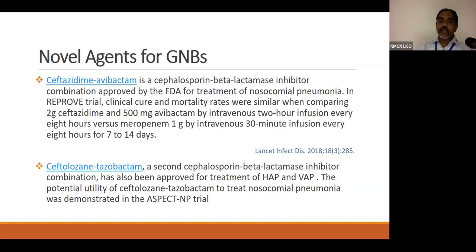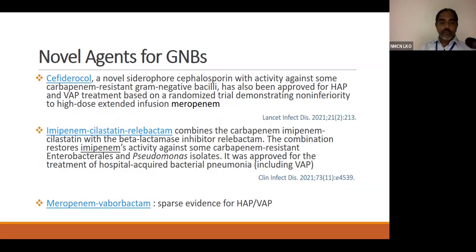And the clinical cure and the mortality rates were similar when comparing it with ceftazidime and meropenem. So the results were no different from the previous with meropenem. Other newer drugs like ceftolozane and tazobactam combinations have yet to be approved. Some other combinations of carbapenem with the beta lactamase inhibitors are also in progress.